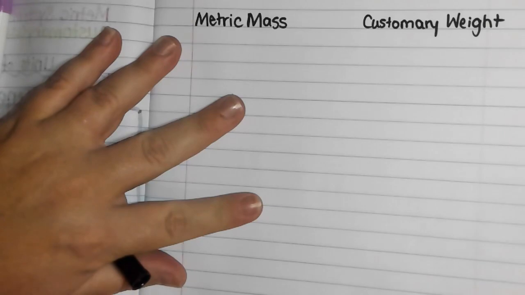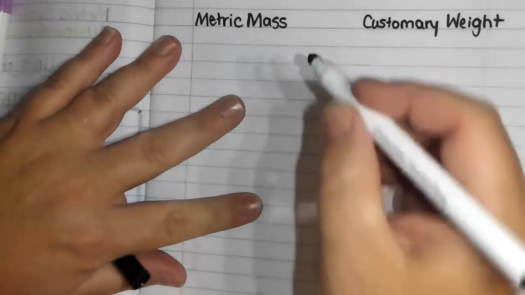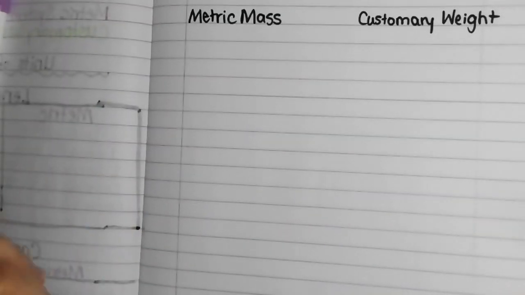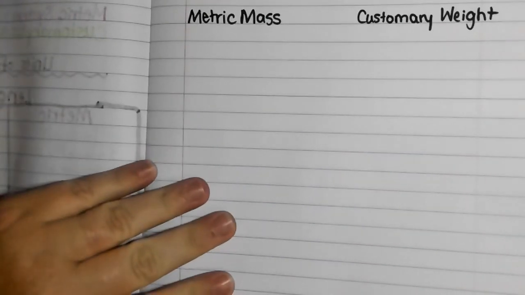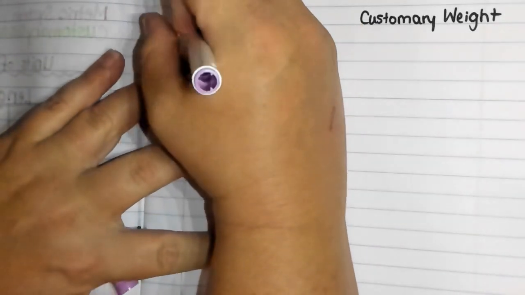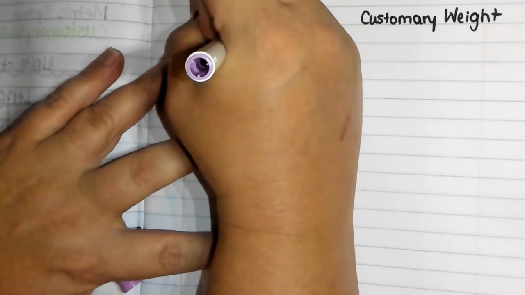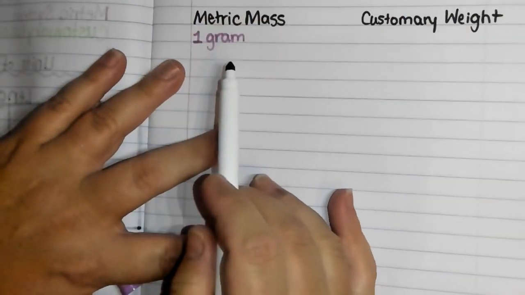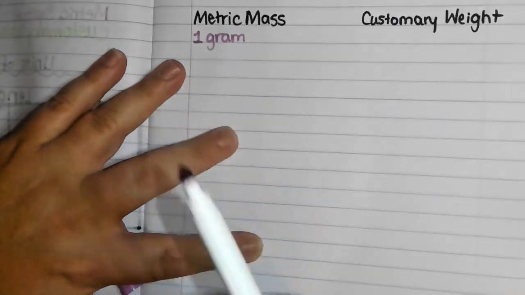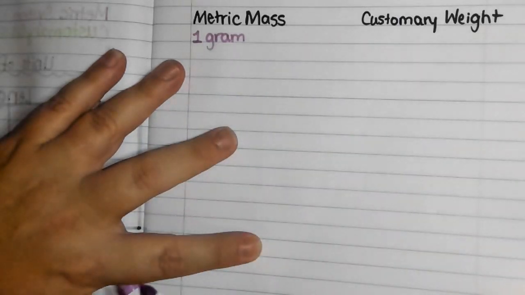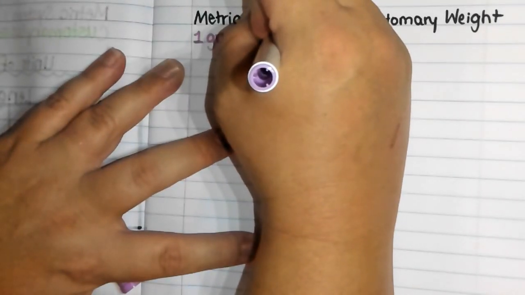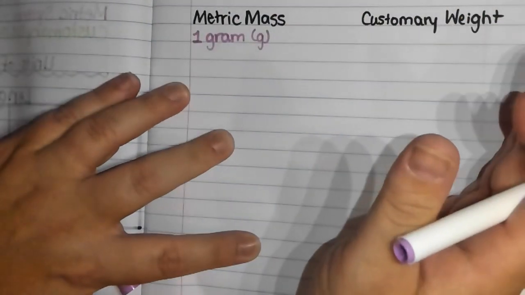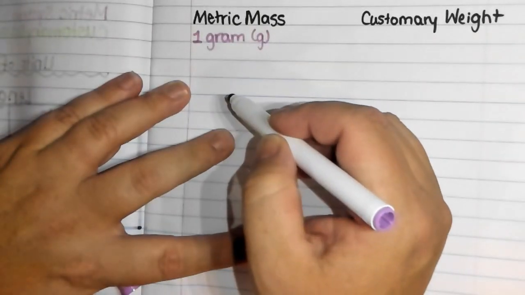Okay, so when we're dealing with mass on the metric side, I'm going to go back to my purple and write it this way so it's a little bit easier to see. So the first one we have is 1 gram, G-R-A-M. This is the smallest unit when dealing with mass, meaning how much something weighs. You abbreviate gram with a lowercase g. It's the smallest unit, so it doesn't equal anything.